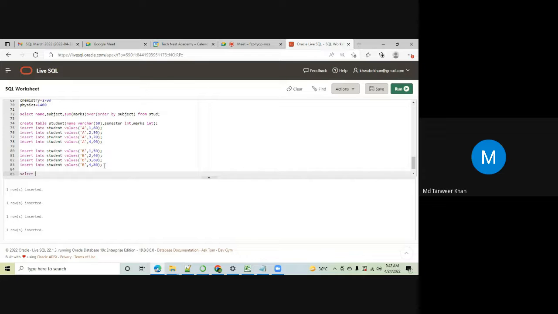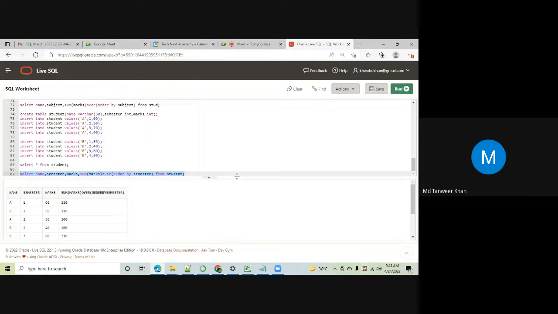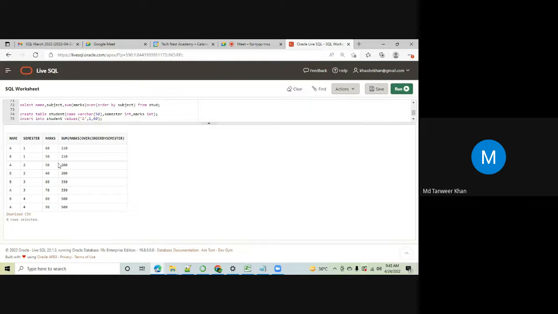Now I have inserted the record of one more student B. See, we have student B data as well here. Now, if I run the same query again, first of all, order by semester.